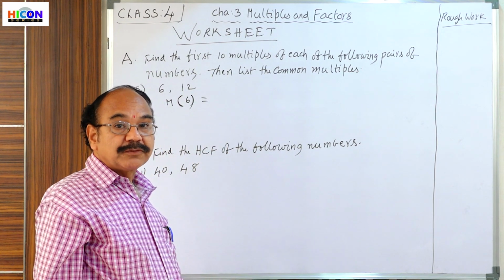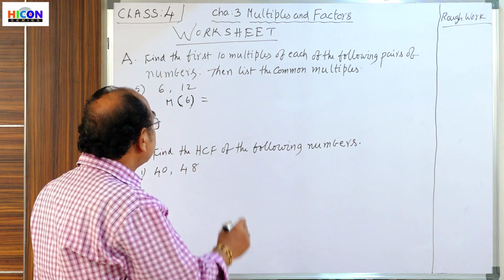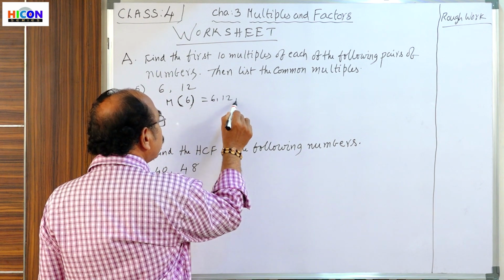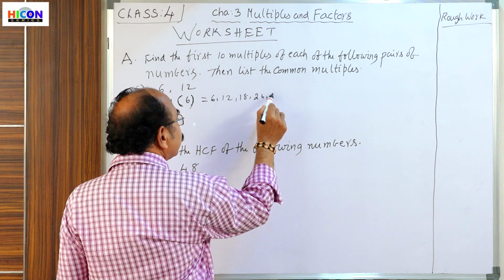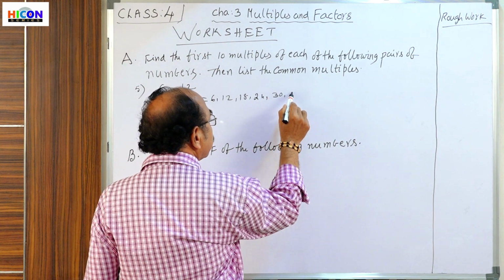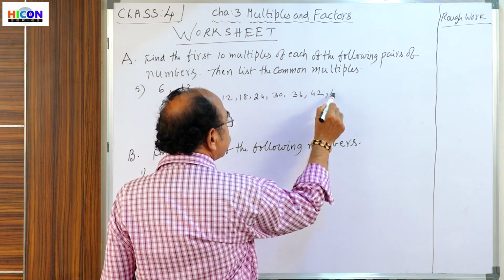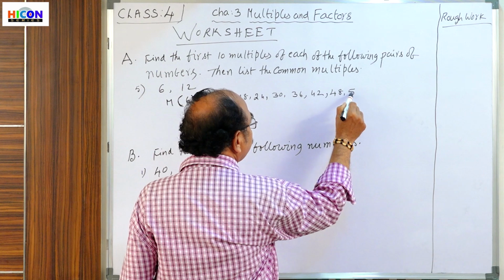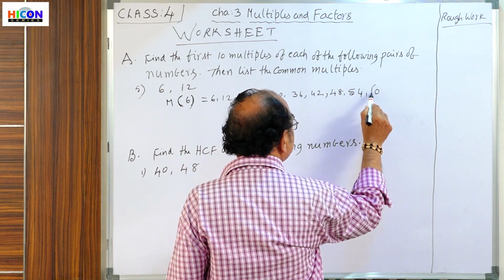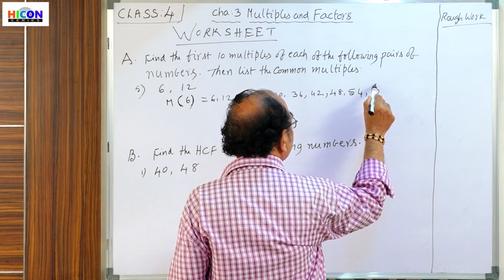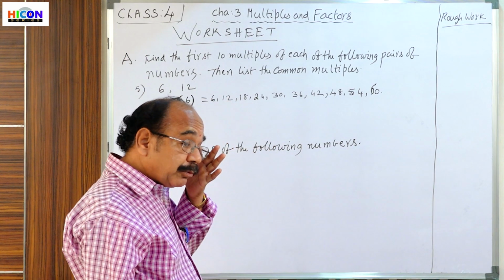To get the multiples of 6, you have to read the multiplication table of 6. 6 ones are 6, 6 twos are 12, 6 threes are 18, 6 fours are 24, 6 fives are 30, 6 sixes are 36, 6 sevens are 42, 6 eights are 48, 6 nines are 54, 6 tens are 60. Okay, children, only the first 10 multiples are enough.